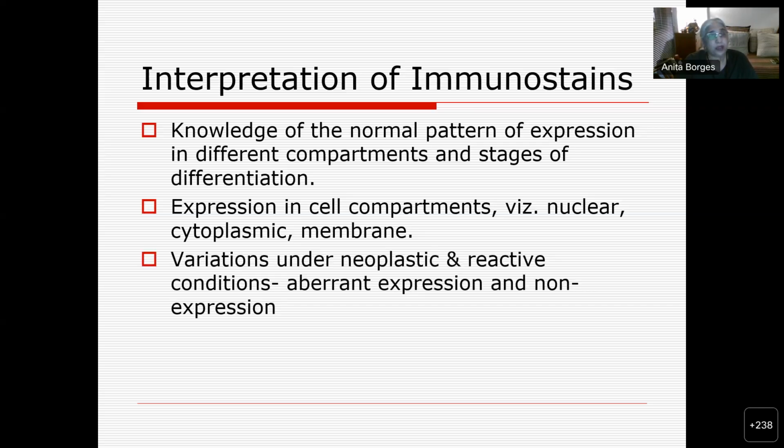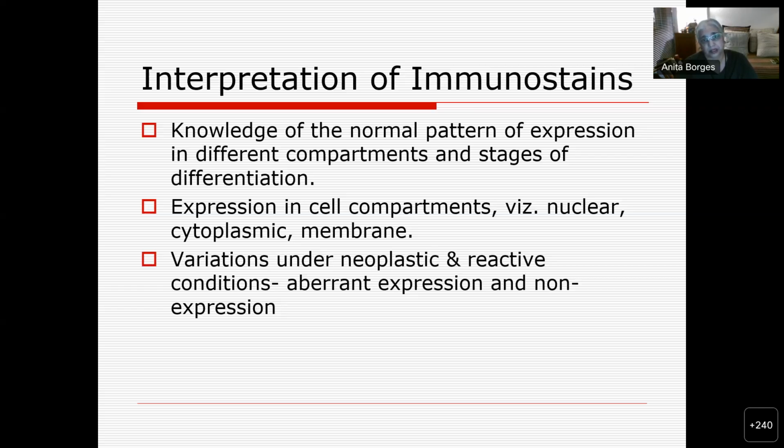Now, you also have to know the variations under neoplastic and reactive conditions. In other words, aberrant expression and non-expression. And you'll hear about this, particularly when Dr. Natkunam is talking about that CD5, for instance, is a T cell marker.